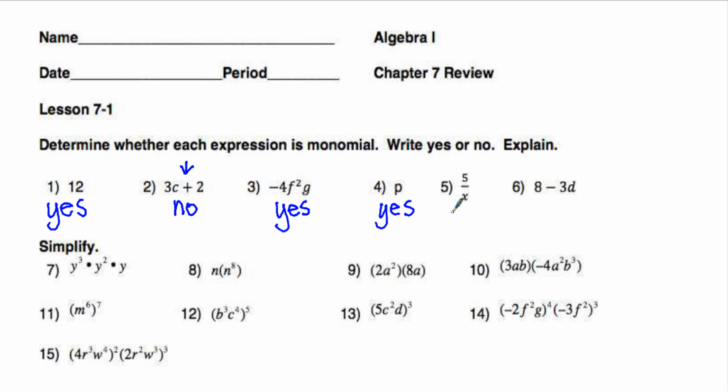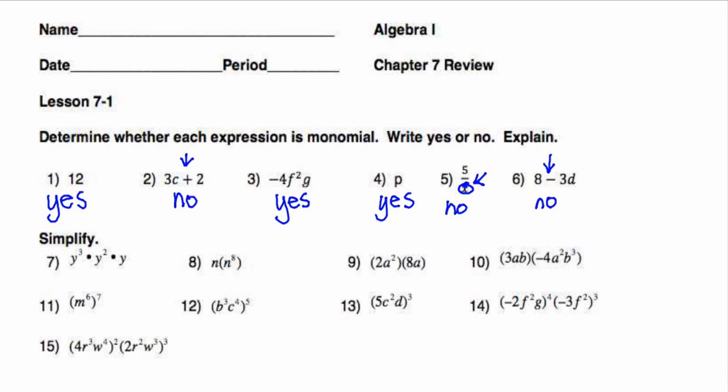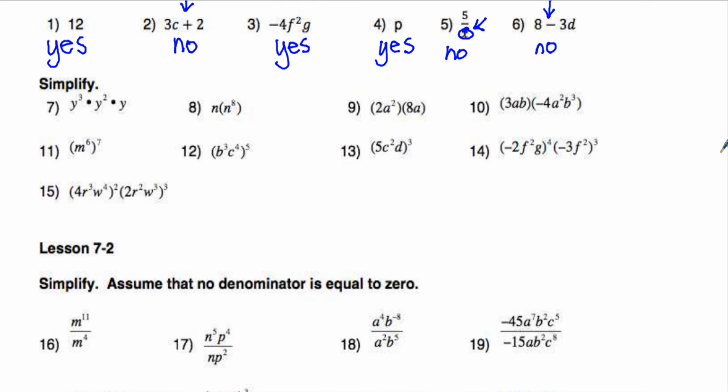Number 5 is a no because we are dividing by a variable, and you cannot have a variable in the denominator of a fraction for it to be a monomial. And 6 is a no also because we see some subtraction going on, and so that is 2 monomials or a binomial.